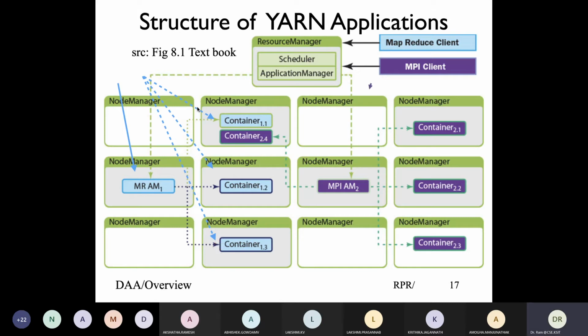In the same way, if you run message passing interface applications, it launches its own application master, and based on the resource capacity available, it says I need to run this application on 4 cluster nodes. So this application master negotiates with resource manager, and schedules this application on the 4 nodes.